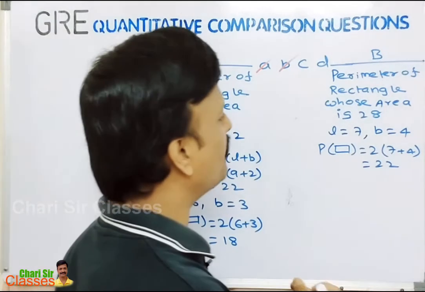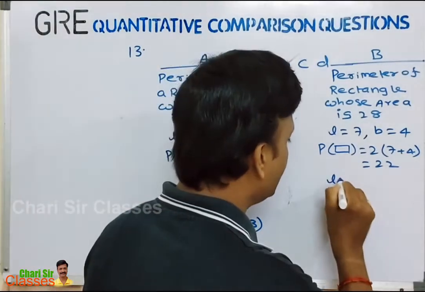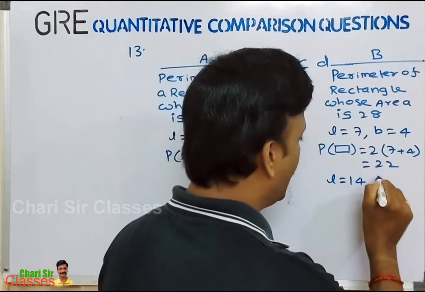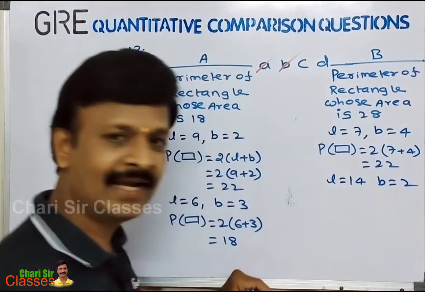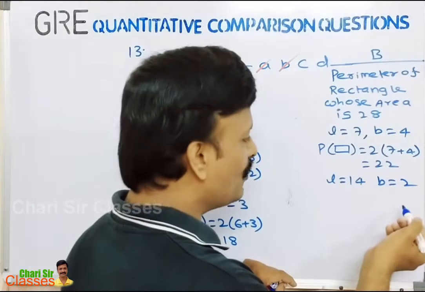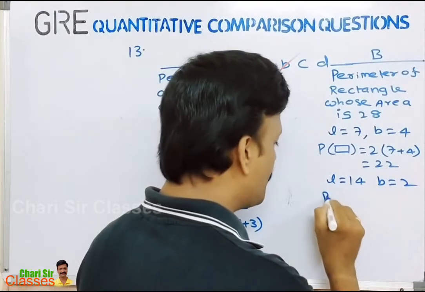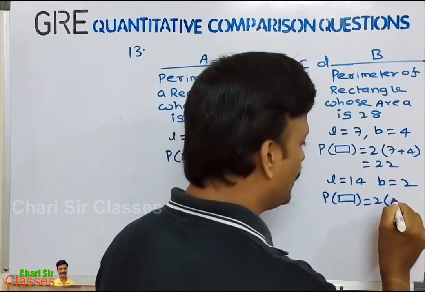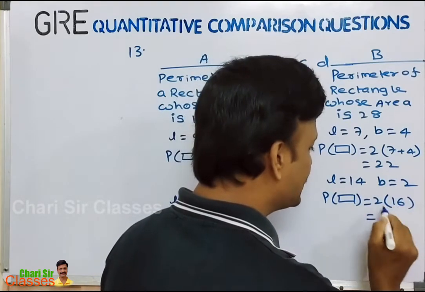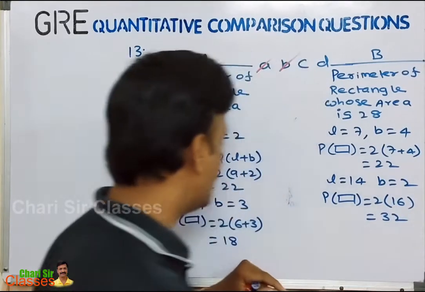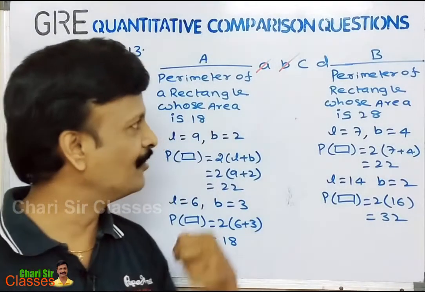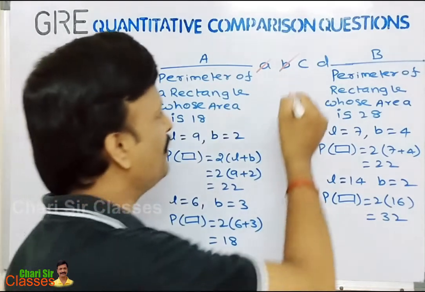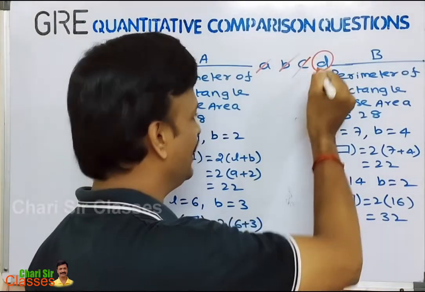Is there any other possibility? Yes, L is equal to 14 and B is equal to 2 you can take. When L is equal to 14 and B is equal to 2, perimeter of rectangle becomes 2 into 14 plus 2, 16, which is nothing but 32. Now 18 and 32, are they equal? Definitely no. Therefore you can eliminate C and select D.